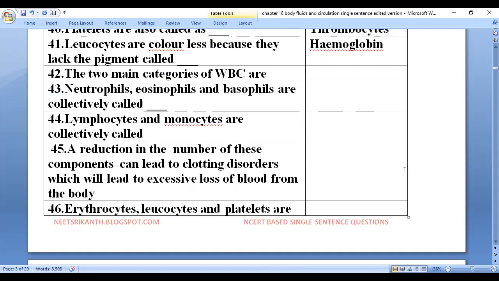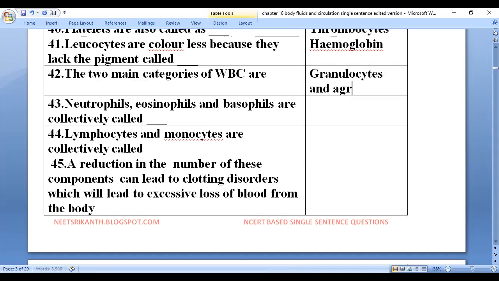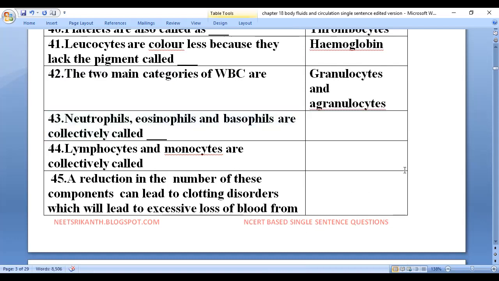Two main categories of WBC are granulocytes and agranulocytes, classified based on the presence of granules. Neutrophils, eosinophils, and basophils are collectively called granulocytes.